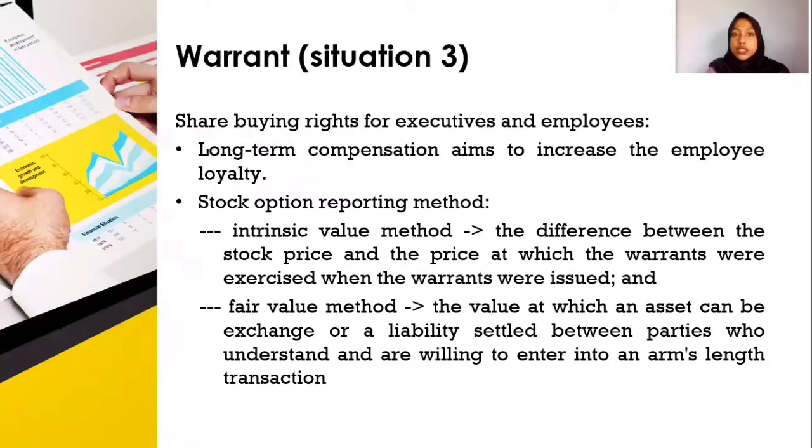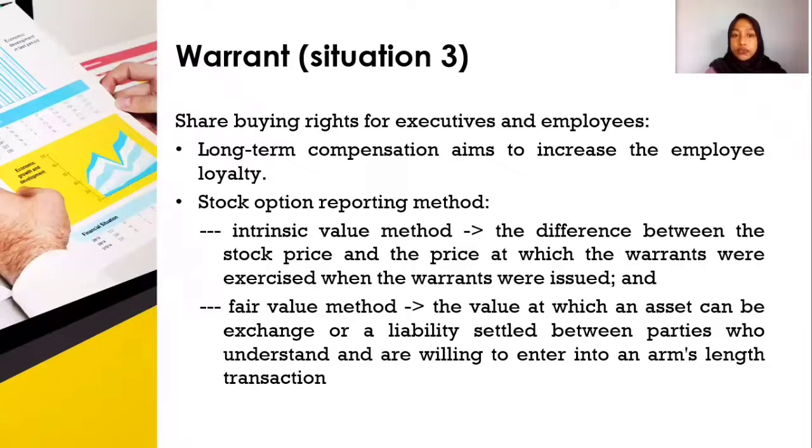Okay, and the third situation is warrant share buying rights for executives and employees. In the third situation, warrant is long-term compensation, and the aim is to increase employee loyalty. For stock option reporting, there are two methods.